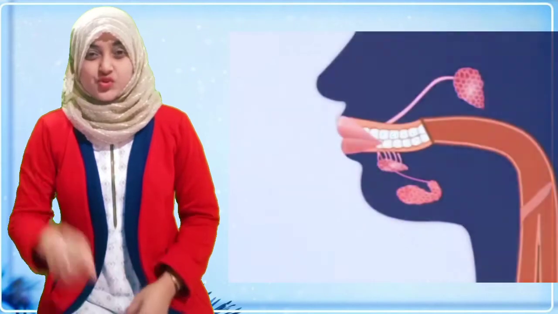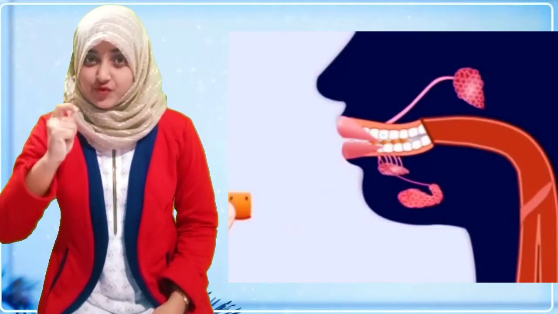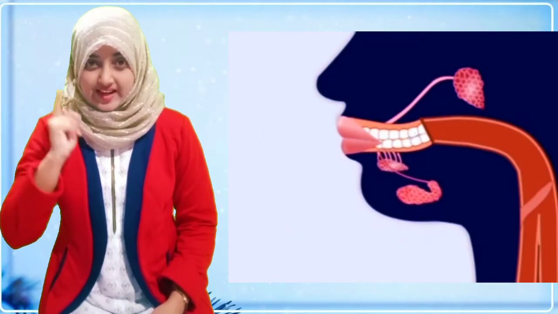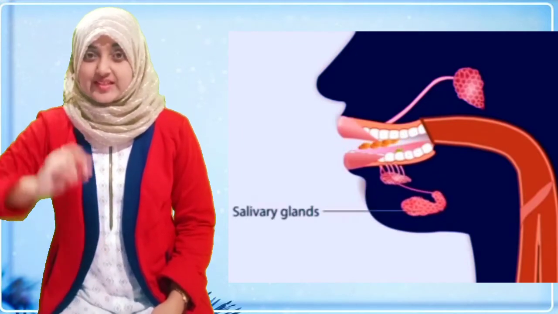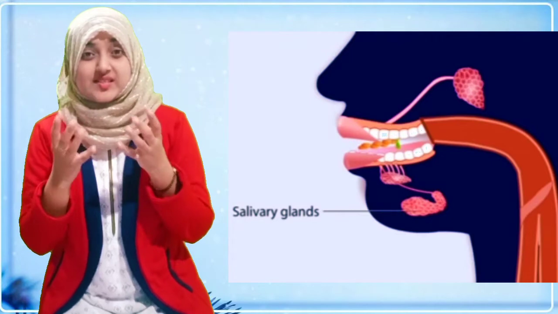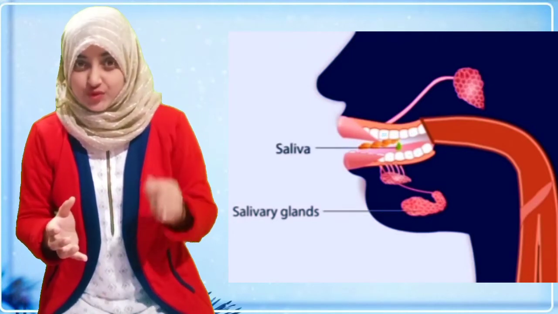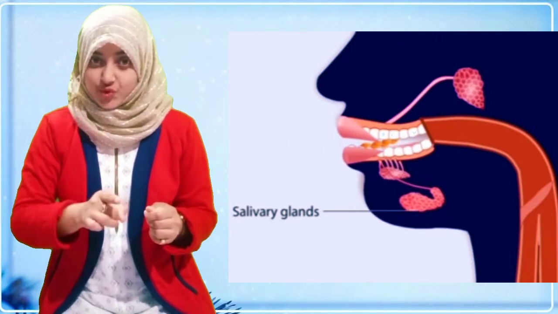Let us see the various steps involved in nutrition in the human digestive system. Once we take in food in the mouth, the teeth and tongue help to crush the food by chewing. The salivary gland secretes saliva, the watery fluid, which mixes with the food and makes it soft.